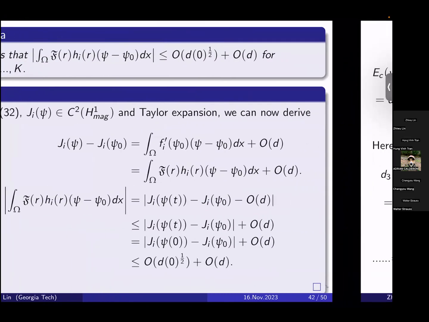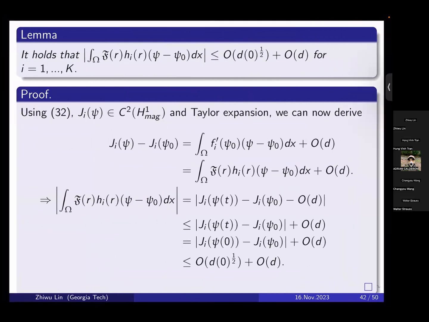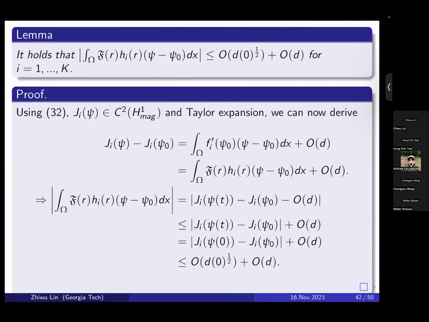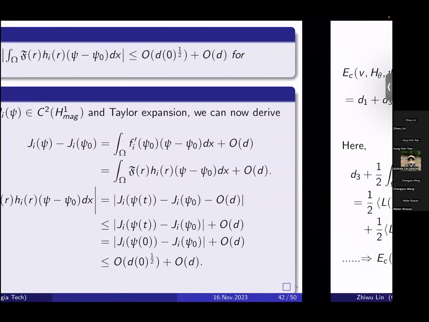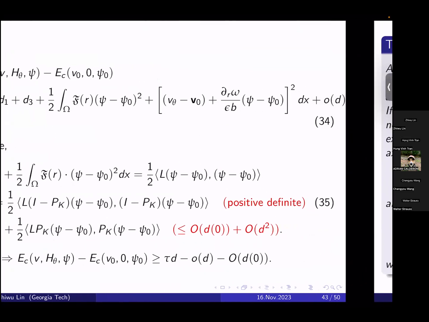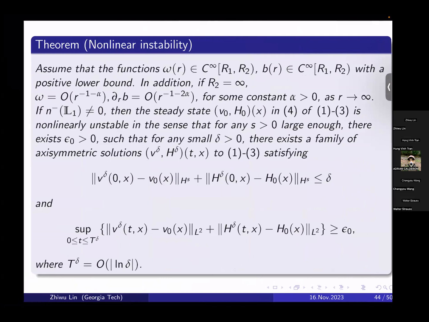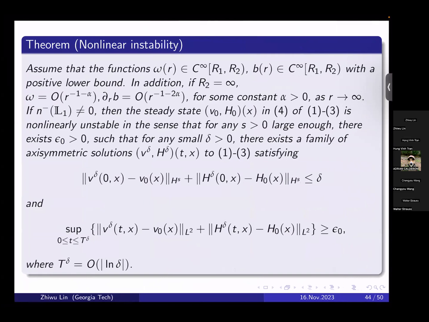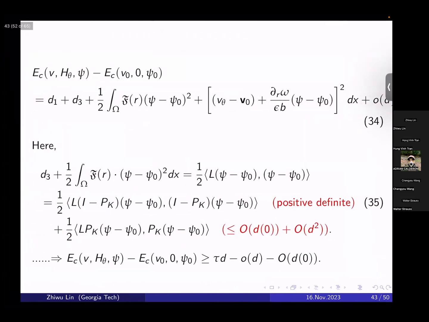Then by using the linear stability condition, we get the positivity for the other part. Basically, if you project away those bad directions, then you have positivity control. If you add this together, we can get the nonlinear stability from the linear stability condition, L1 strictly positive. So this is for the nonlinear stability part.